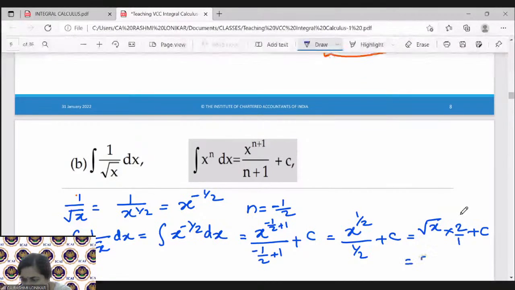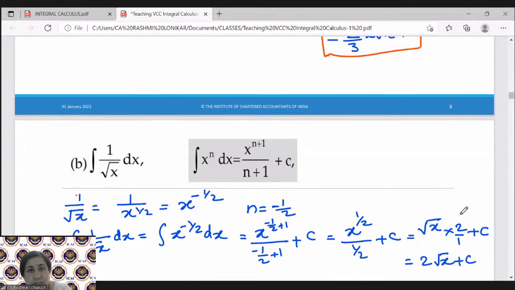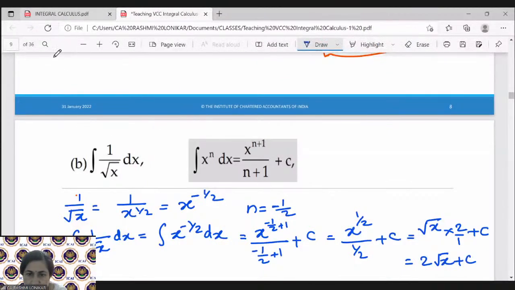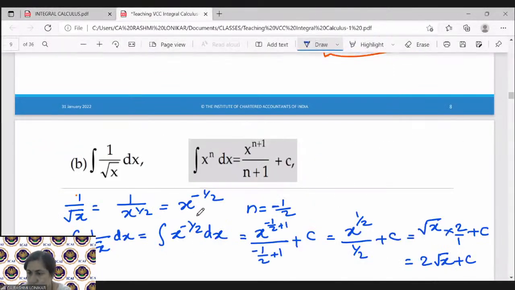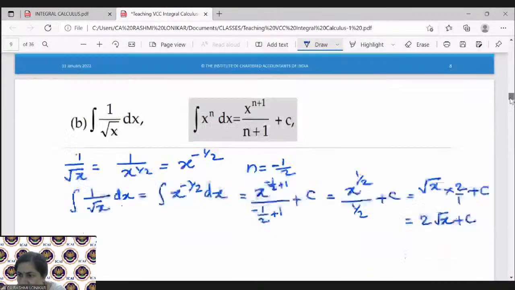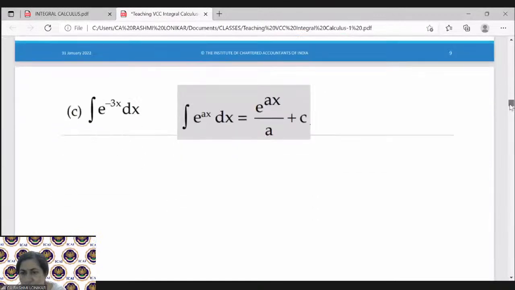So this is equal to 2 root x plus c. Is that clear? Okay. So this is the way you have to solve it. If you solve the initial sums very carefully, you will not have any problem.